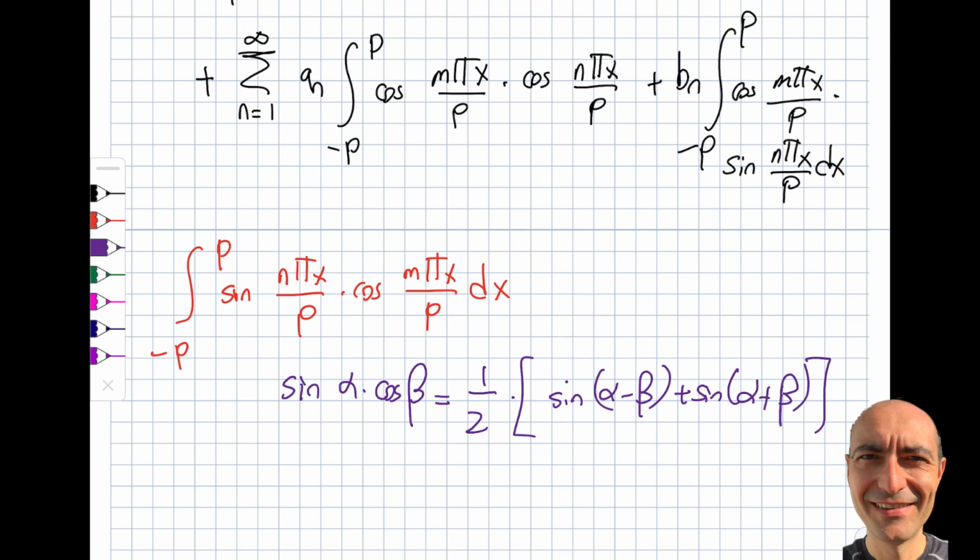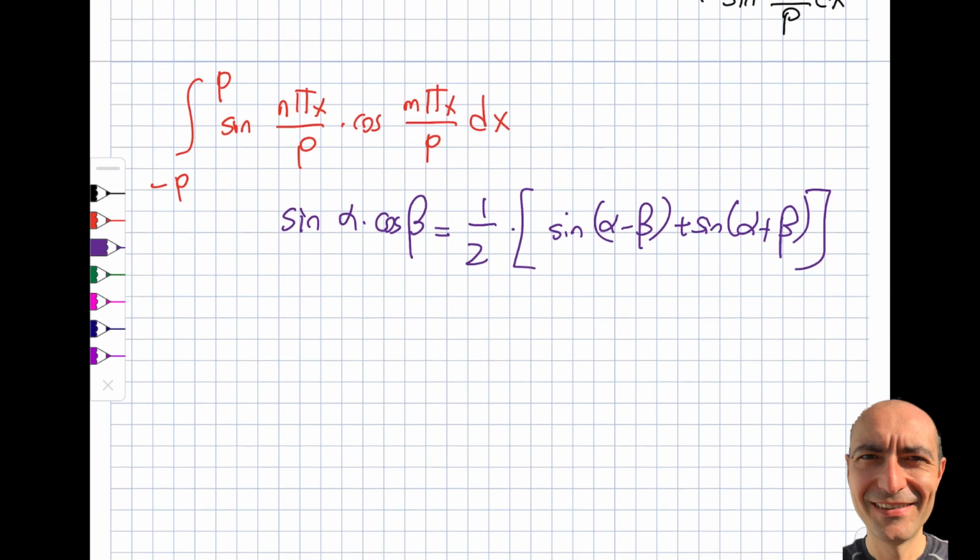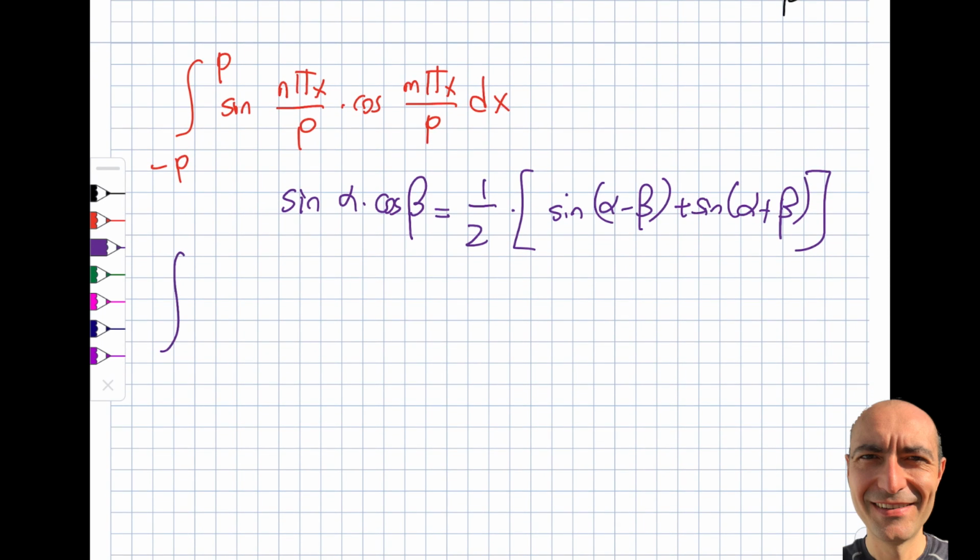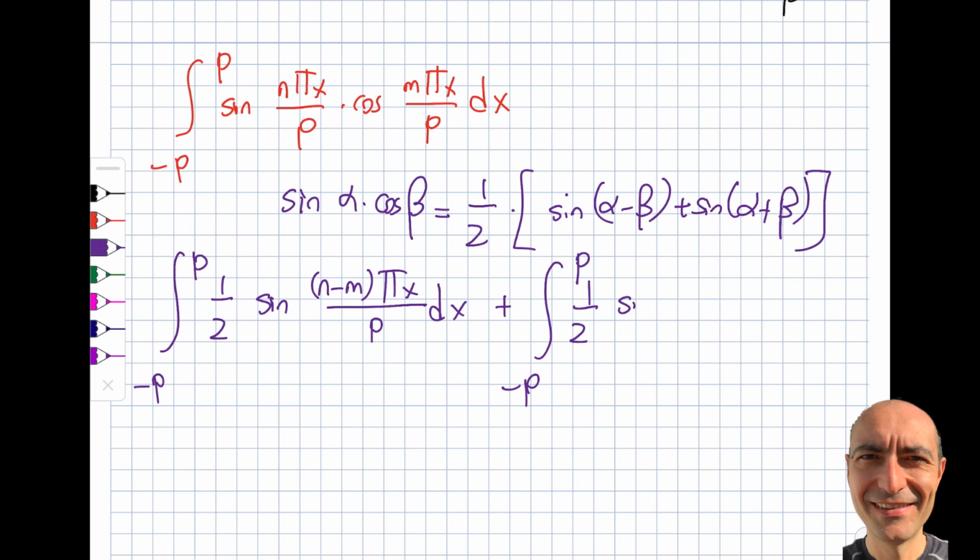So let me go ahead and use this. I'll have the integral from minus p to p of 1/2 sine of n minus m pi x by p dx, plus the integral from minus p to p of 1/2 sine, this time I'm adding them up, of n plus m pi x by p dx.